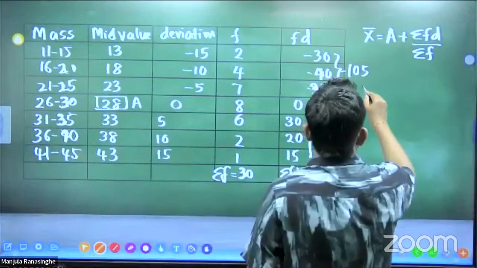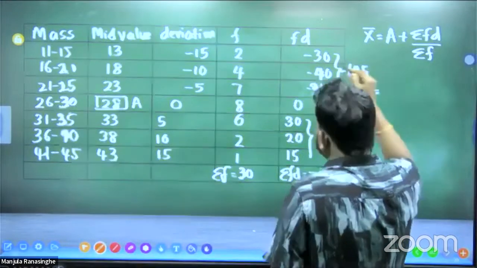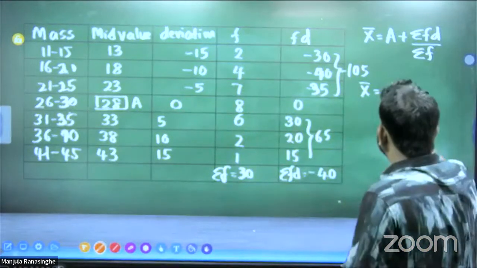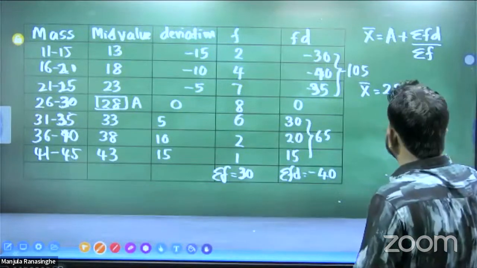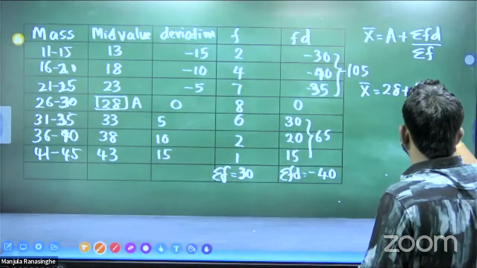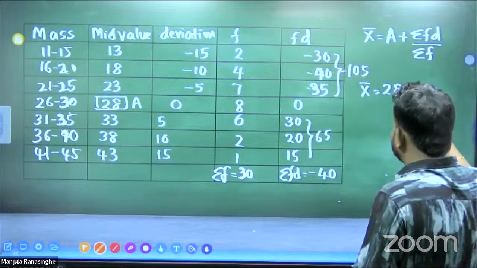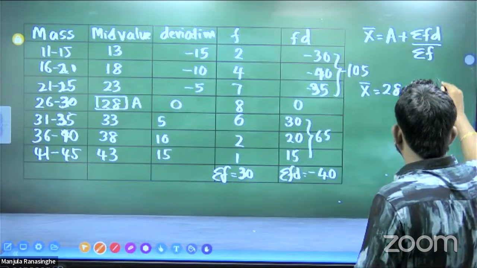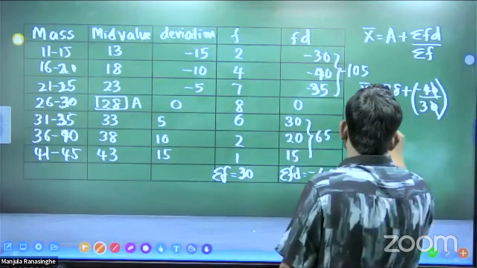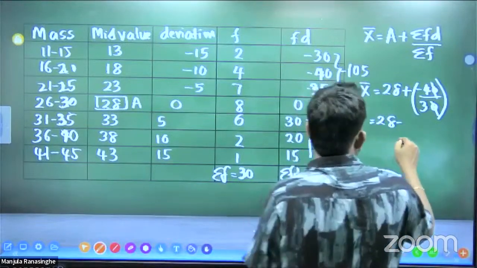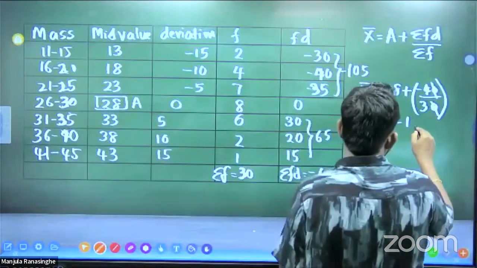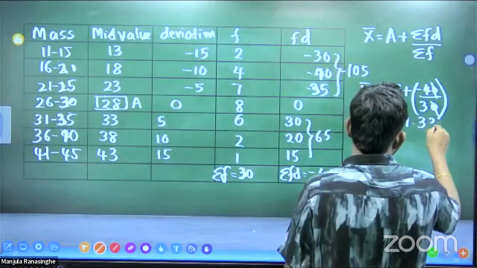Now you substitute for the assumed mean. What is the assumed mean we found here? 28 plus sigma fd, which is negative 40, divided by sigma f, that is positive 30. So the 10s cancel, then 28 minus 1.33.